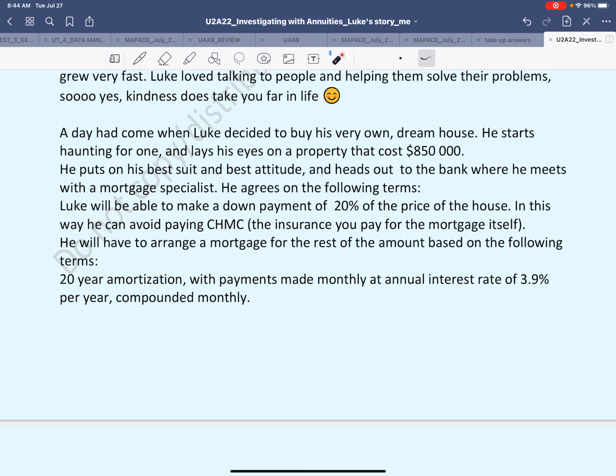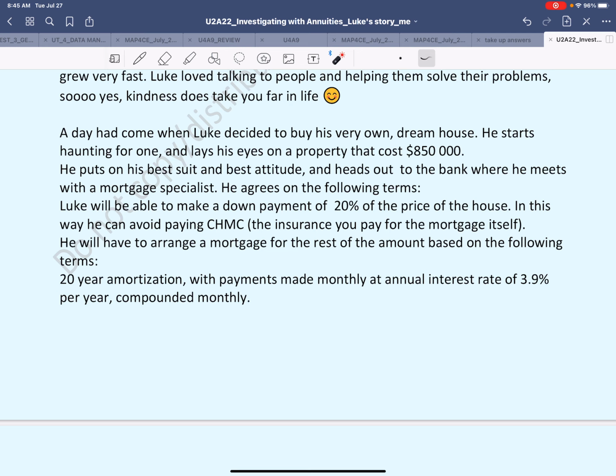He starts hunting for one and lays his eyes on a property that cost $850,000. He puts on his best suit and best attitude, heads out to the bank where he meets with a mortgage specialist. He agrees on the following terms. Luke will be able to make a down payment of 20% of the price of the house.